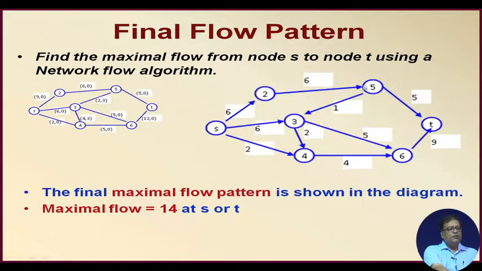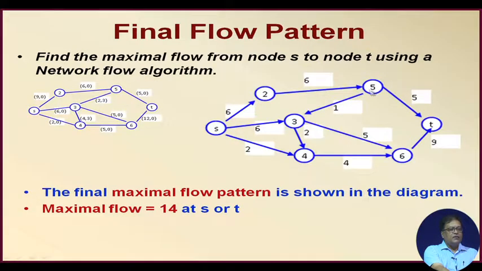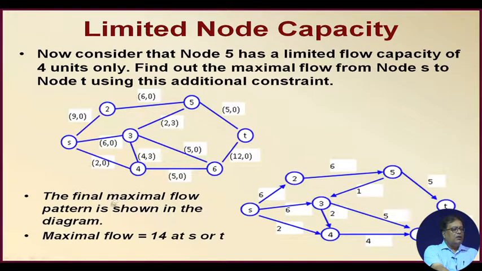A flow of 6 is taking place through node 5. Now, if node 5 has a limited flow capacity of 4 only, then obviously this flow pattern is not possible, because a flow of 6 will not be going through this.